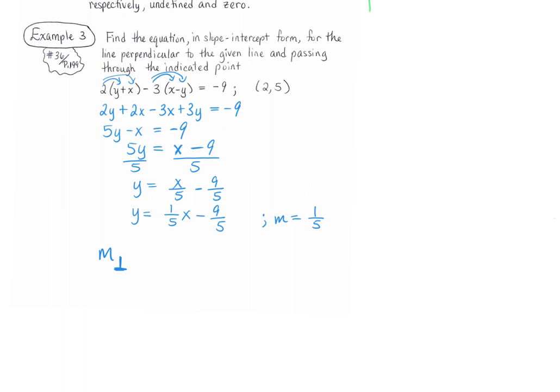So what is the perpendicular slope then? -5. Good. It's -5 because it's the opposite reciprocal. Are we good? Now we have our perpendicular slope and we have a point. So we use point slope form.